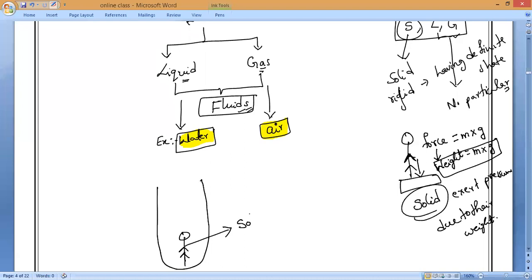Solid, sir. So this person will exert pressure only on the bottom surface, and that is also due to his weight. Understand?